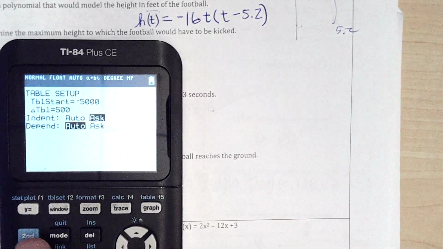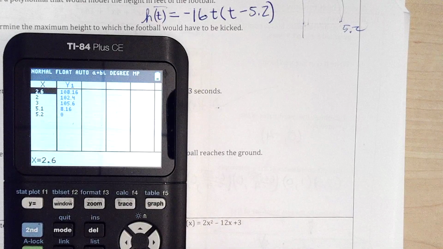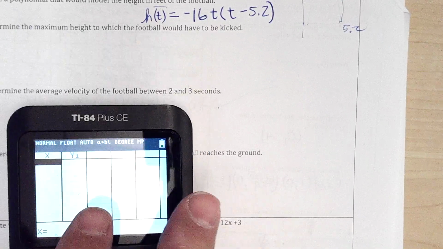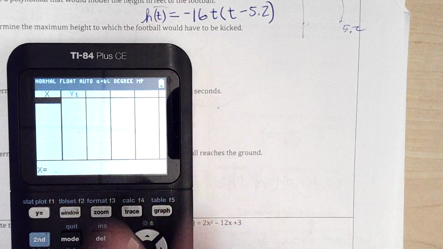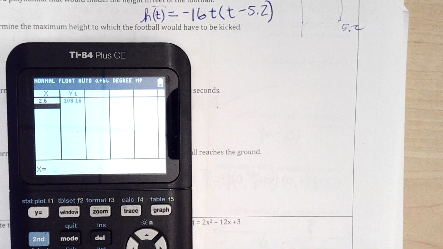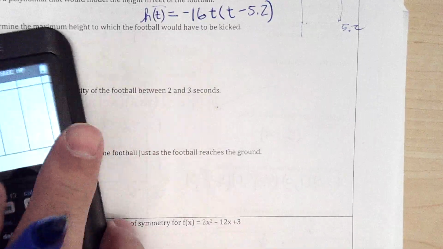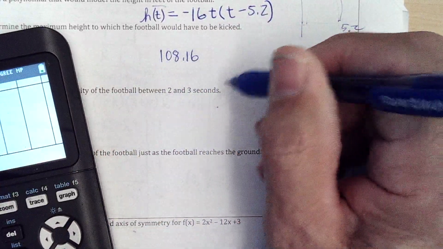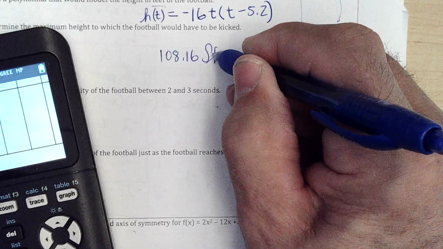And when I have that, I can go to table, and then I can get rid of these and put in what I want to know. I want to know at 2.6, and it's at 108.16 feet high.